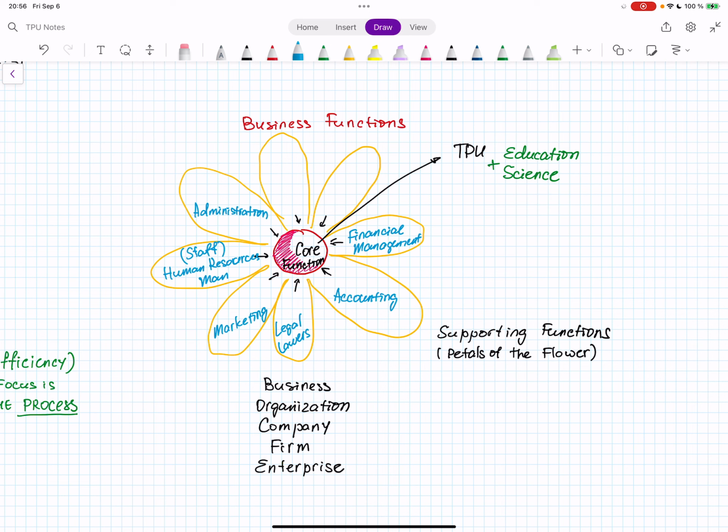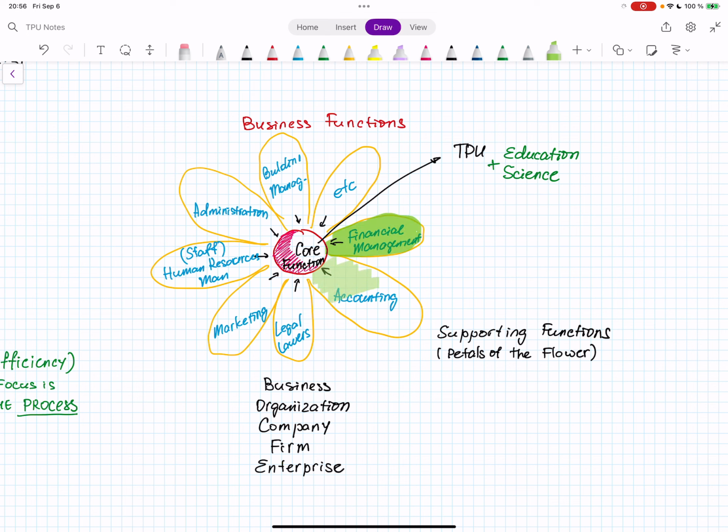What I was thinking about, like in the Tomsk Polytechnic University, you may have building management, because we have so many buildings and you need to make sure that they are functioning properly, etc. All other functions. So our focus is the financial management function.